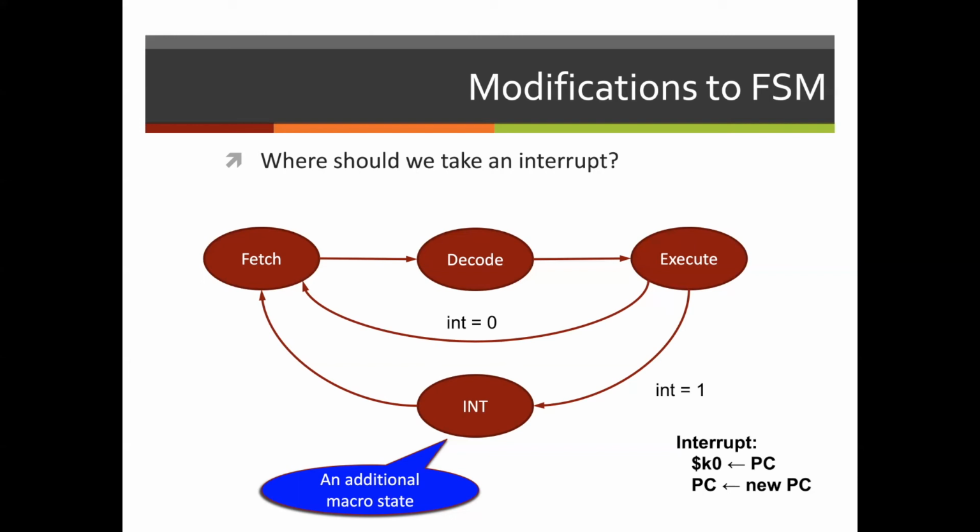So in this case, if the interrupt is equal to Y, then the finite state machine will need to transition appropriately. If there is no interrupt pending, then we can continue on to the next instruction execution, and this would return to the fetch macro state.